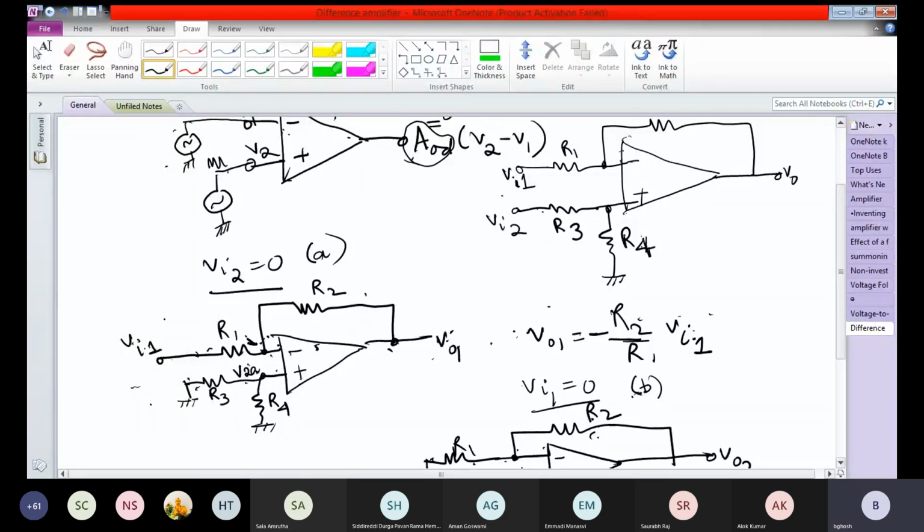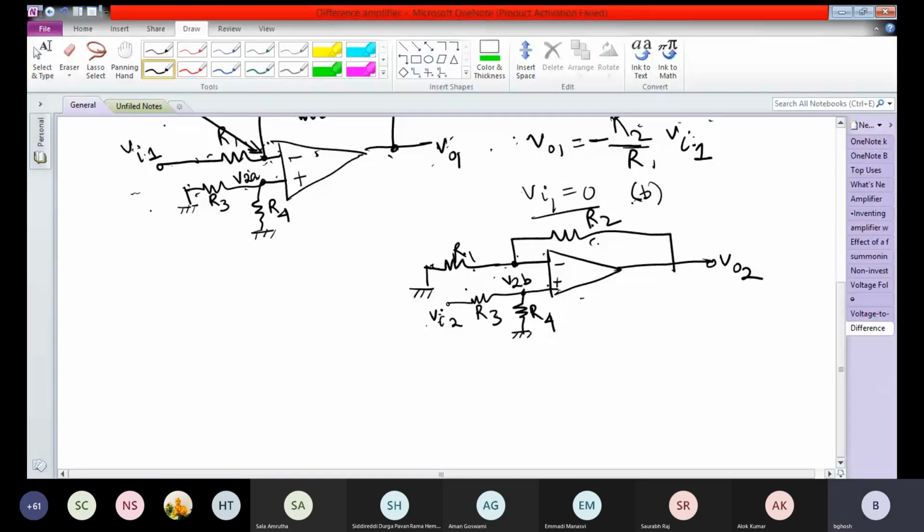The voltage here is V1A, and this is V2B, and the voltage here is V1B. So V2B is given by the potential divider: VI2 times R4 by R3 plus R4.